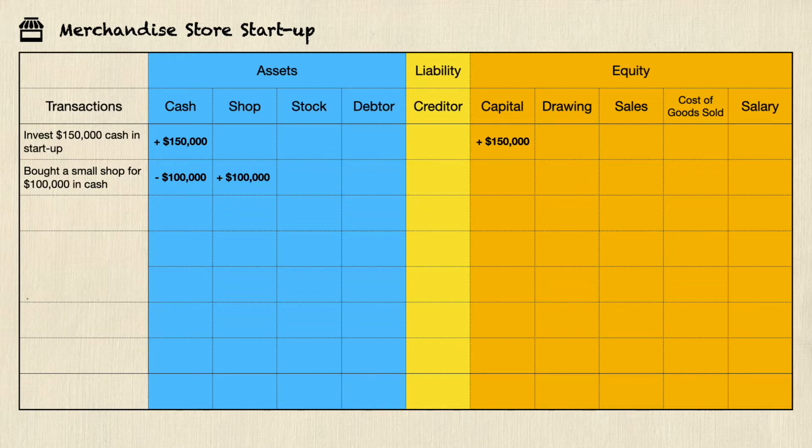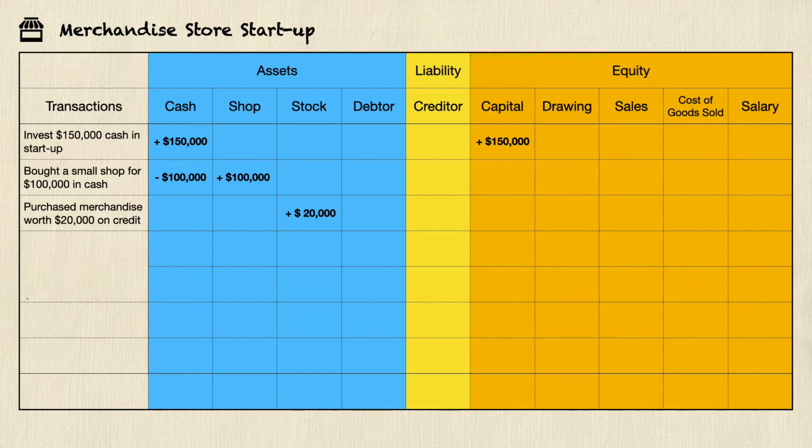The total assets remains at $150,000. Now let's say in order to fill up this shop, the owner decides to buy merchandise worth $20,000. The owner buys the merchandise on credit so that he can pay later when he has made some sales. Now, the effect of this transaction is that there will be an increase in stock by $20,000 when the merchandise is received.